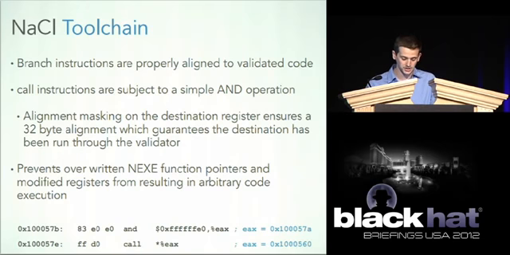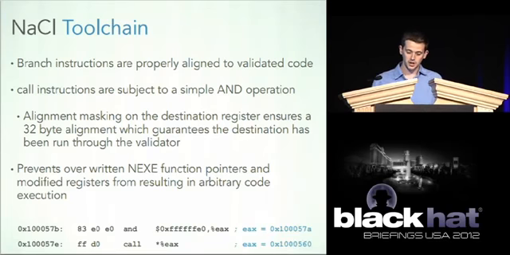This sort of prevents attacks where you have a vulnerable Nexi module and you overwrite some function pointer. Normally you'd be able to take control of that, through maybe a use after free vulnerability where you take control of a function pointer and then you call that register that the overwritten value lives in. So if you look down the bottom, I have some more assembler. We have a register EAX. At runtime we don't know what's in EAX.